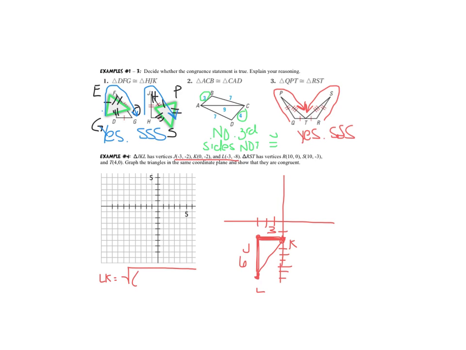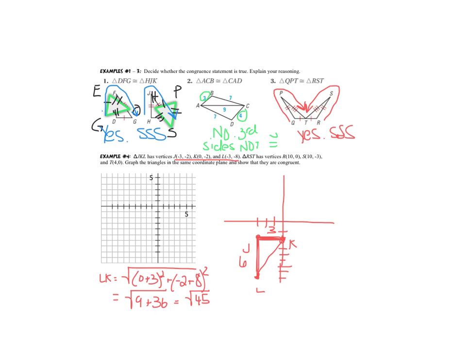So from L to K, it's 0 minus -3, which is going to be a +3 squared, plus -2 minus -8, which is going to be a +6 squared. I get the square root of 3 squared, so 9, plus 6 squared, so 36. This gives me the square root of 45.